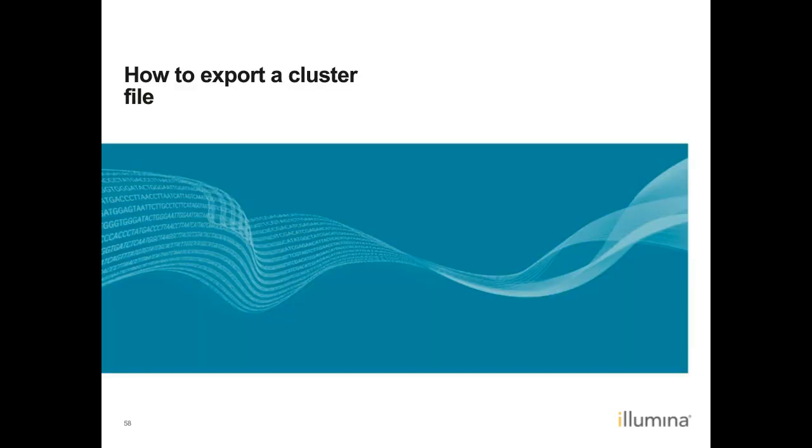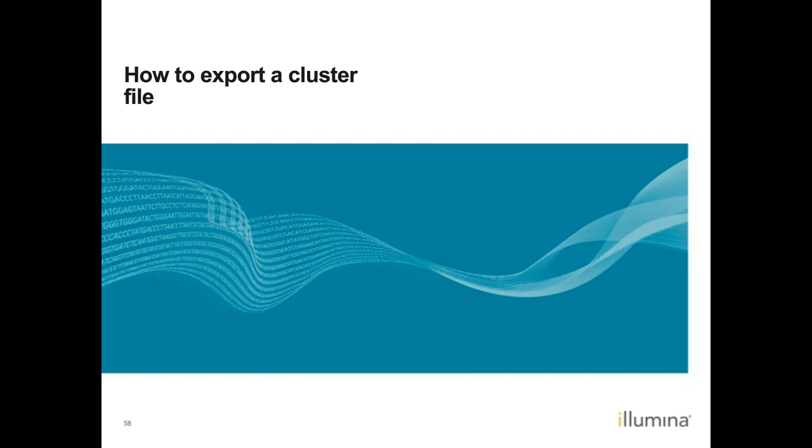Now we come to how to export a custom cluster file that you've created. So you've done all the clustering in your project, and you want to use the cluster positions that you've analyzed, you've vetted, you've edited, and zeroed. You want to use this in the future to apply to future projects. So how do you export these data points?